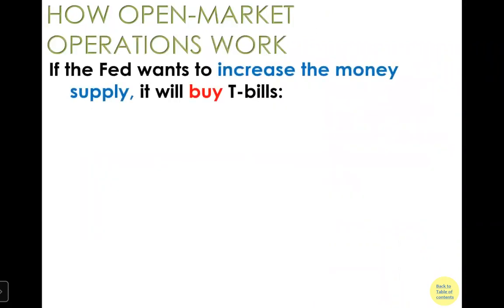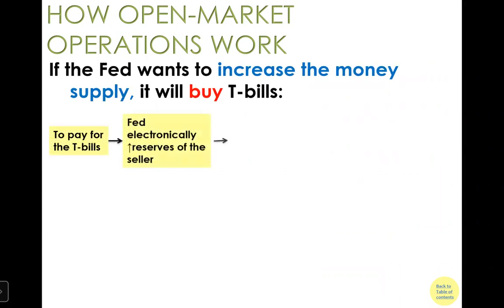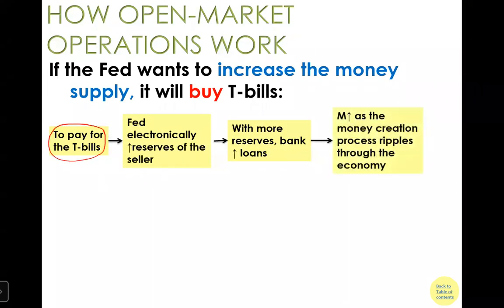So now here, this slide just reinforces what we just discussed. If the Fed wants to increase the money supply, it buys T-bills, or treasury bills, right? To pay for the treasury bills, the Fed essentially just allocates some reserve. But remember, this reserve is a liability to the Fed, right?